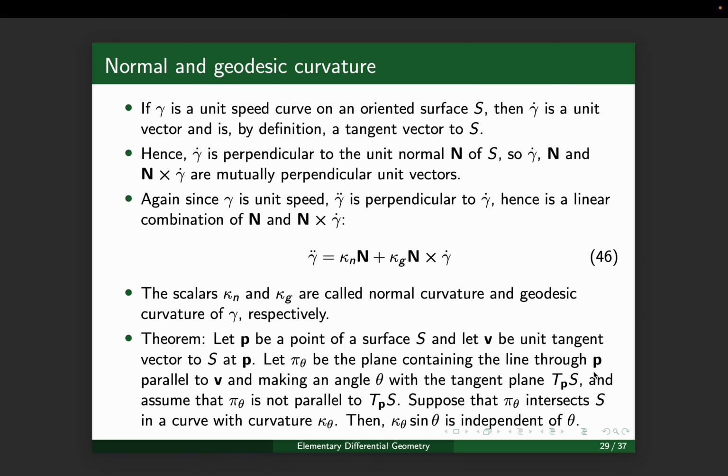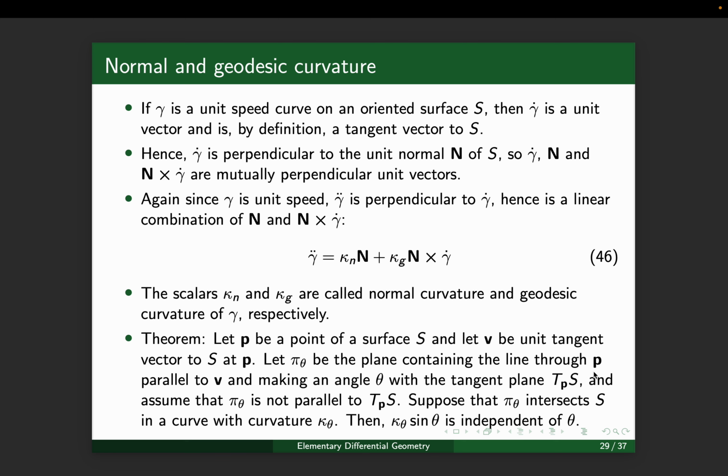If gamma is a unit speed curve on the oriented surface, then gamma dot is a unit vector. By definition, it's a tangent vector to the surface. Gamma dot is perpendicular to the unit normal on the surface. So gamma dot, n and n cross gamma dot are all orthogonal to each other. They form mutually perpendicular unit vectors.